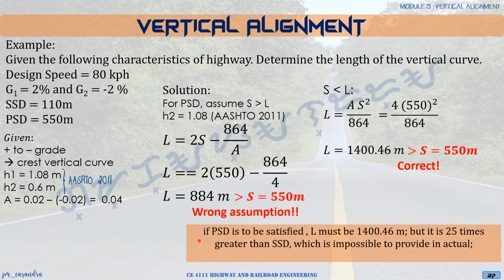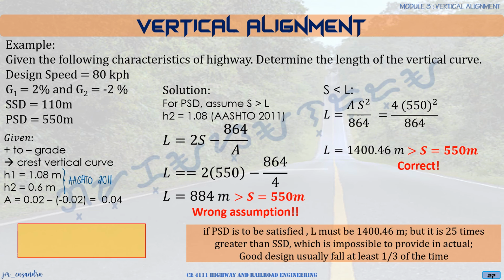But take note, comparing now our computed length, 1,400.46, as you can see, it is 25 times greater than our SSD, which is impossible to provide in actual design. So for a good design, it is usually given at 1/3 or at least 1/3 of the value of the length.